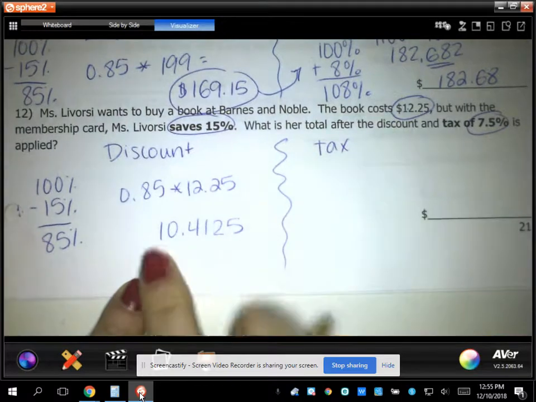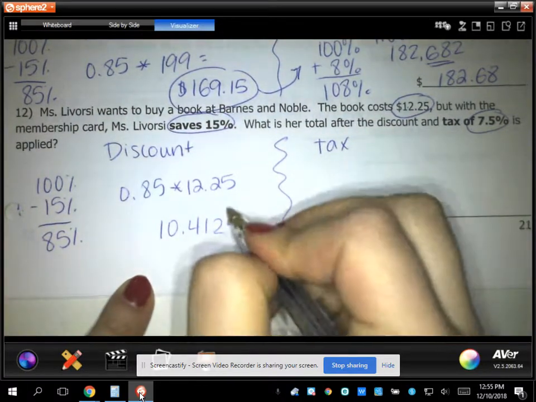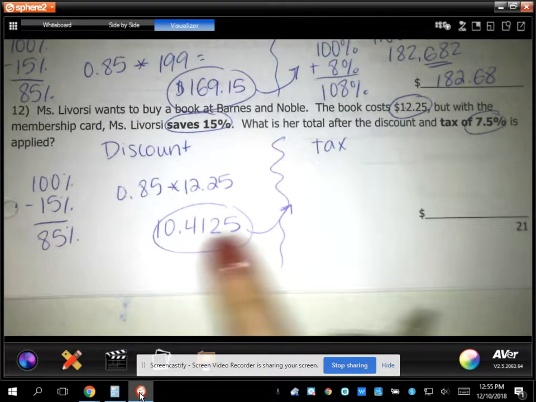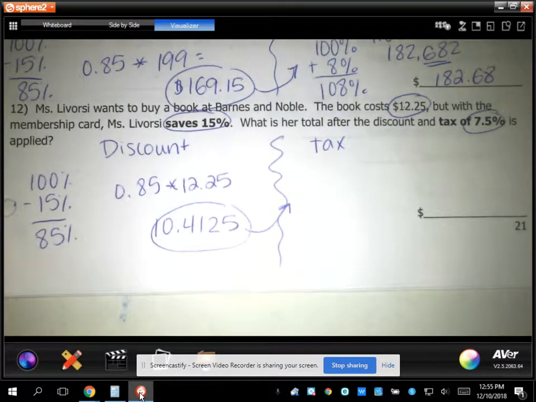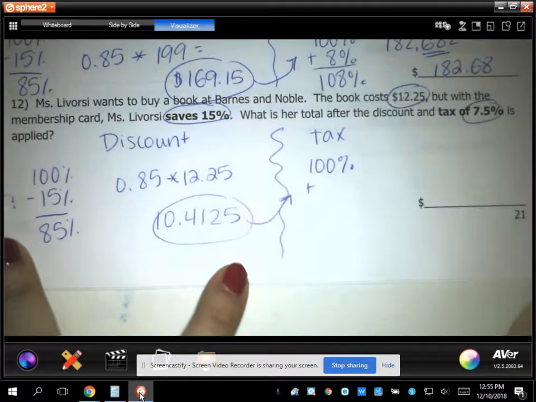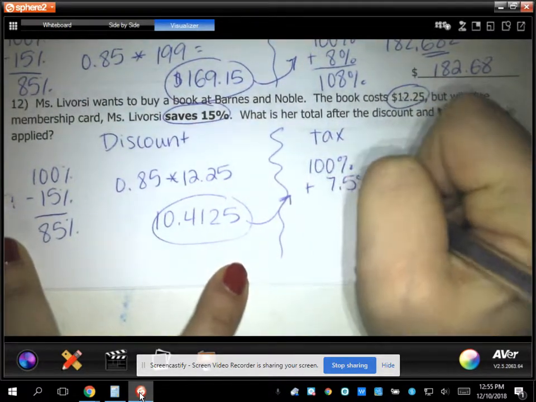10.4125. Now, do not round this number at this step. Bring the whole number over here and calculate tax. We don't round until we're at the very last step of the problem. So she's going to pay 100% of that price, and she has to pay 7.5% for tax.